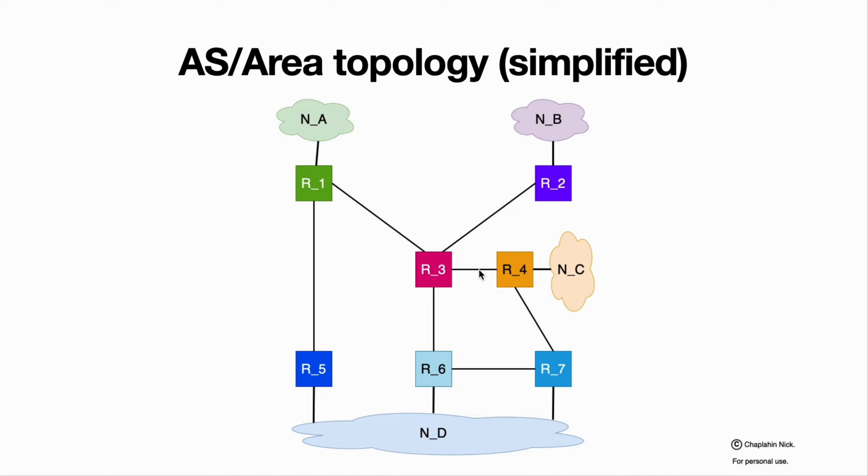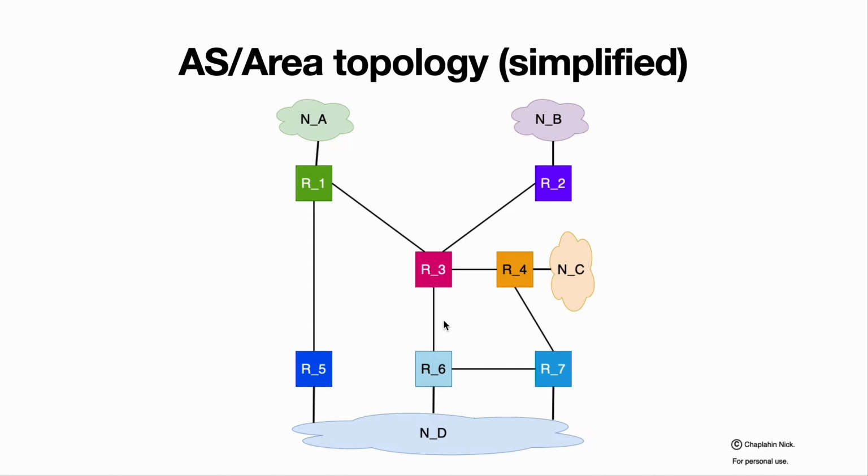So, from the OSPF point of view, an autonomous system or OSPF area topology is a set of routers and networks and interconnections between them, where an interconnection between a router and a network means that the router has an interface in this network, and an interconnection between routers means that there are two interfaces on those routers that are connected to each other, and they are configured in a way that routing is possible using this hop.